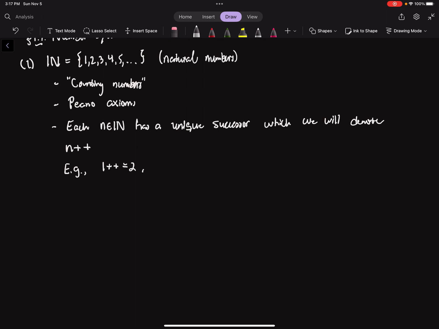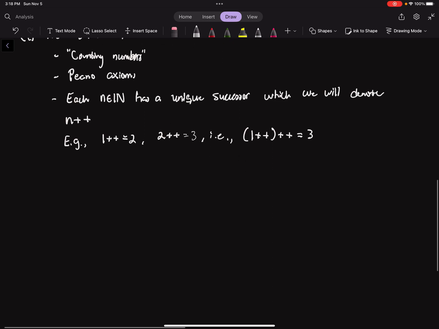And 2++ is 3, and by that we really mean the successor of the successor of 1 is 3. Okay, so that should make sense.